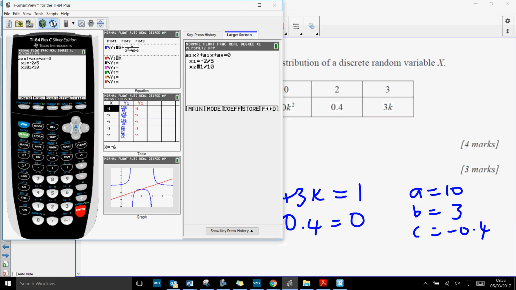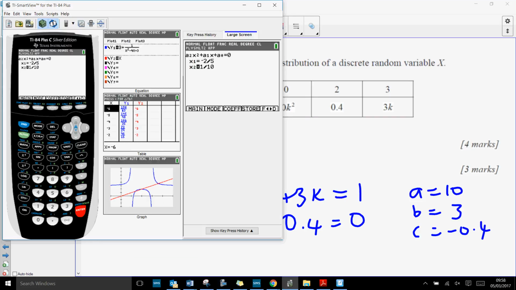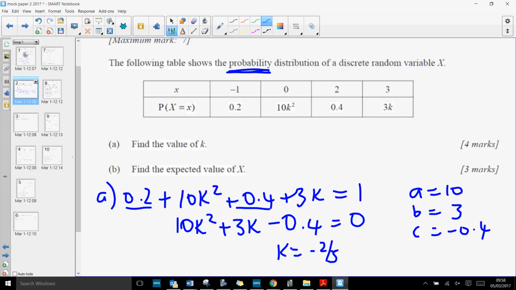So we've got X is, well, in this case, K. K is negative 2/5, or K is 1/10. Well, we can't have a negative value of K, so in this case, K has to be 1/10 or 0.1.